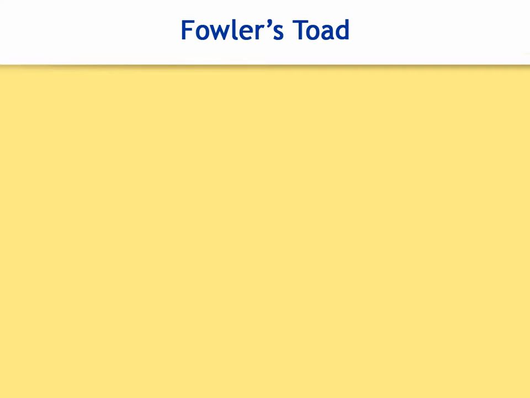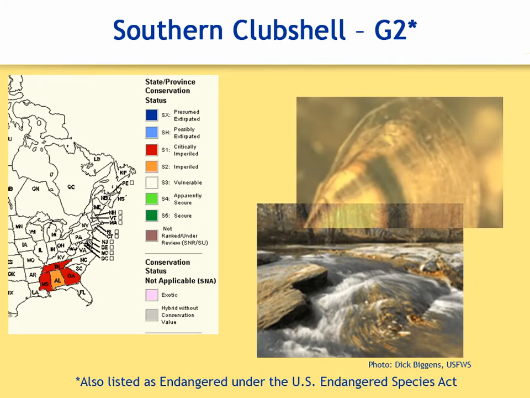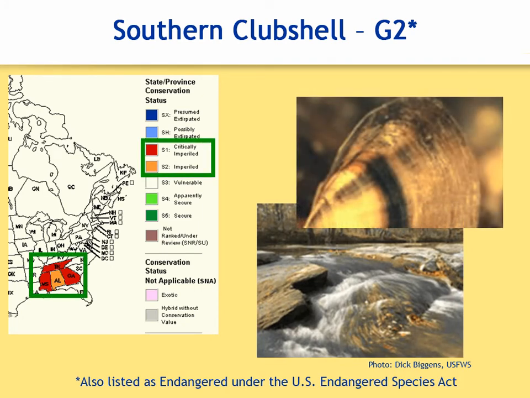They will be tracked by some programs when they are at risk within that state or province. Other programs may manage some information about them, but they will not track them because they are abundant in that jurisdiction. On the other hand, globally imperiled species are, by definition, imperiled throughout their range, and will generally be tracked in every jurisdiction in which they occur.